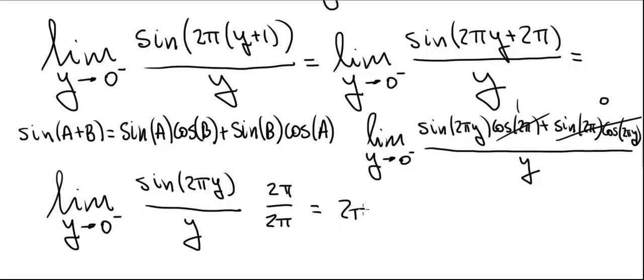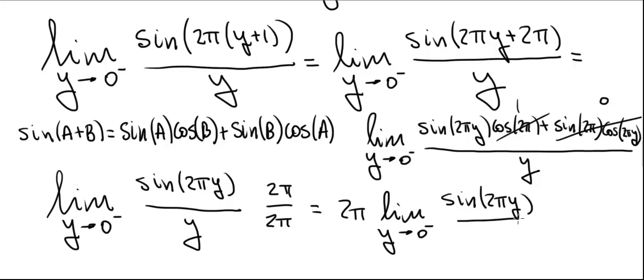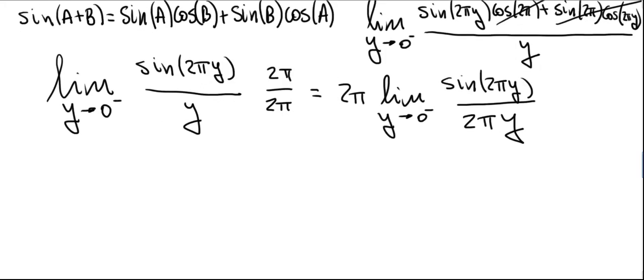Next, we multiply the numerator and denominator by 2 pi and rewrite this as 2 pi times the limit as y approaches 0 from the left of sine of 2 pi y divided by 2 pi y. Let's make one more substitution: let z equal 2 pi y.